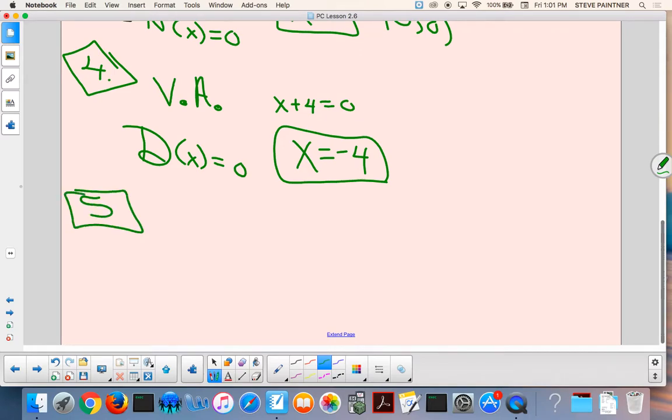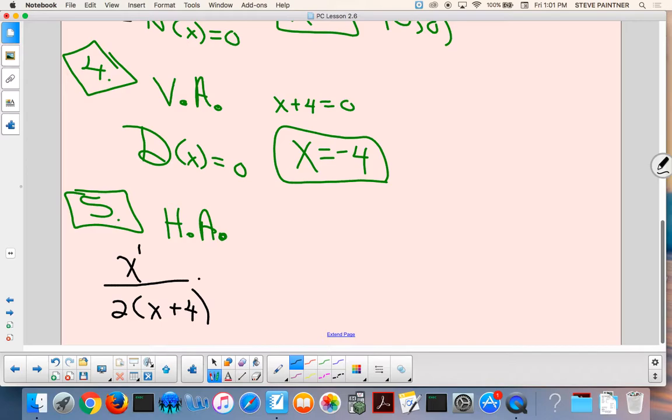Find the horizontal or slant asymptote. Okay, so here's the deal. Horizontal, you just have to look at the degree on top over the degree on the bottom. So here's the degree on top. It's just x to the first over, is it 2 times x plus 4? Okay. If I multiplied this out, would this be an x squared function down here?